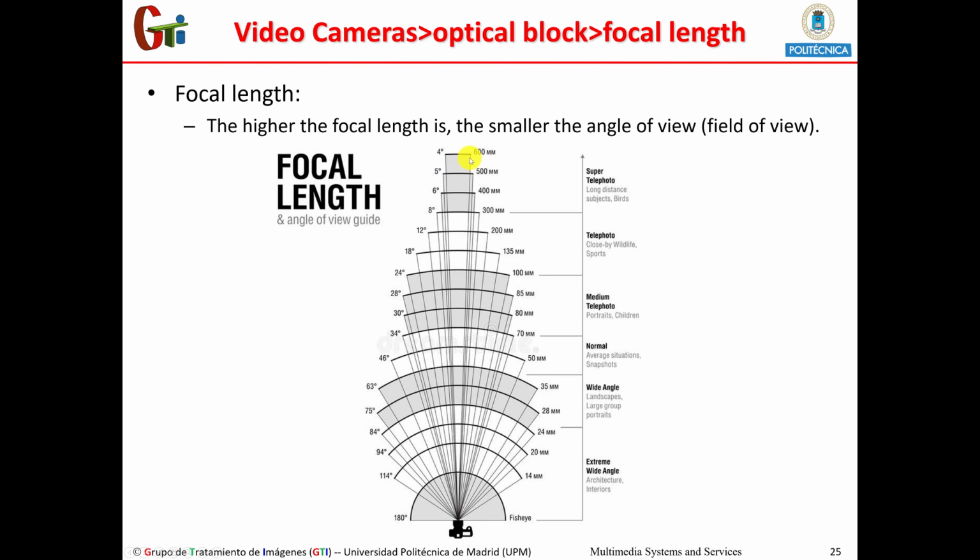Okay, and this is what is typically called telephoto, super telephoto, etc. This is also very related to what is called the zoom of a camera. But that is everything about the focal length and how much environment you can cover with that focal length. How much is the angle of view of the camera according to that focal length?